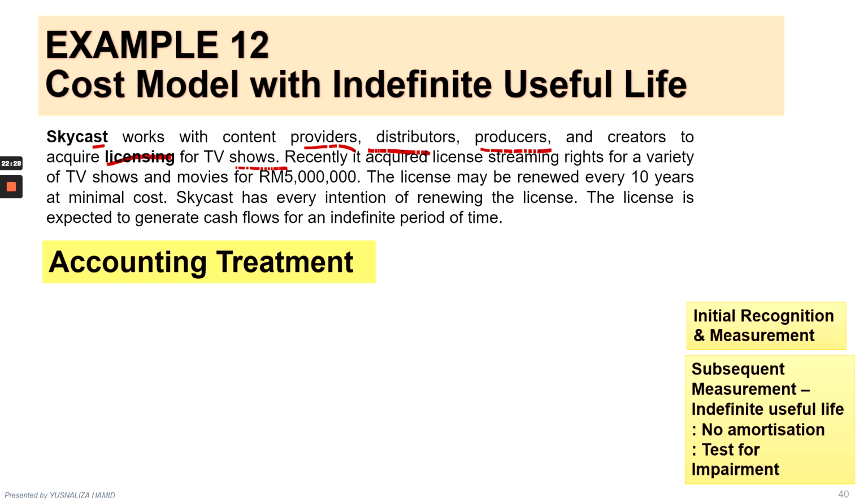They work with the content provider, distributor, producers, and creators, and therefore they acquired a license for the streaming of a variety of TV shows, and the license is renewable every 10 years. They were later informed that the license was able to generate cash flow for an indefinite period.